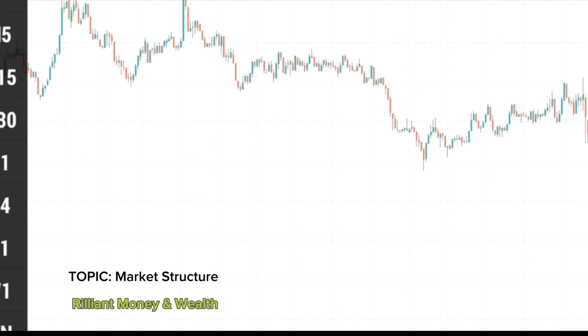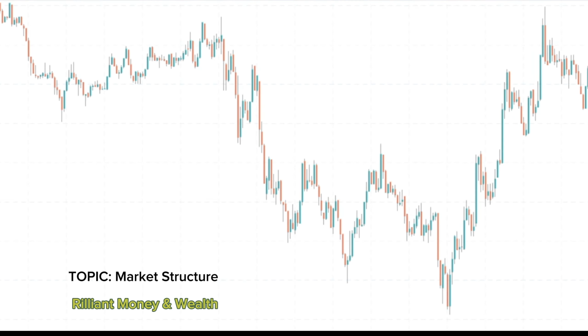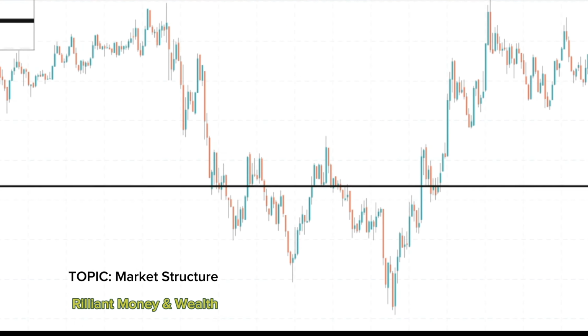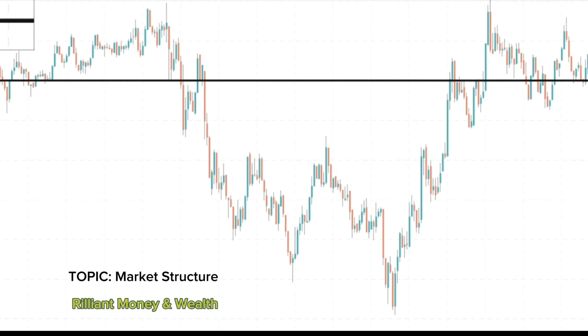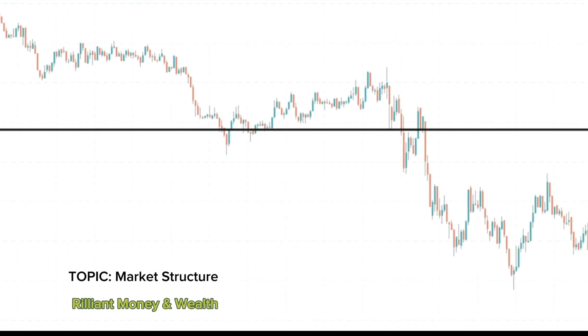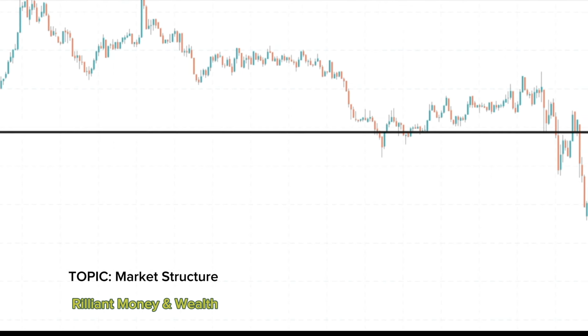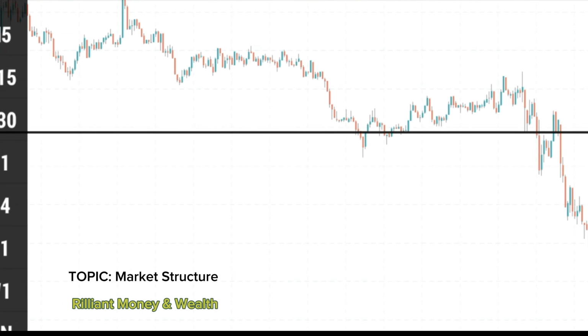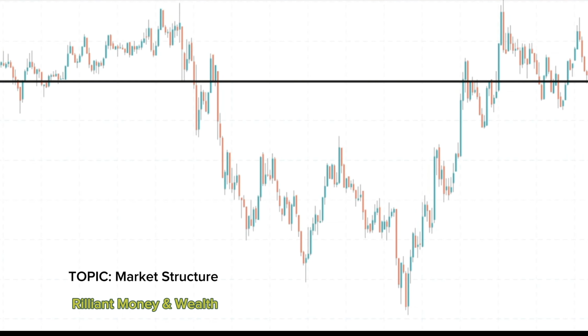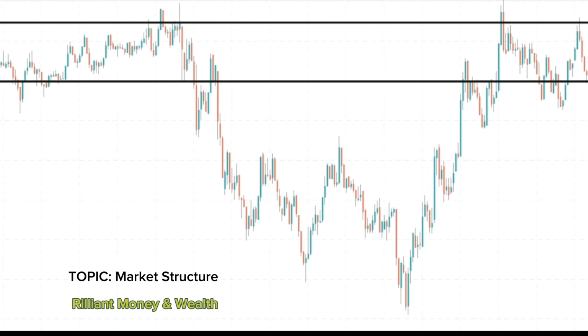So a choppy market looks like this. So you see this part, small ranges make up a choppy market because it is a market that you cannot trade.